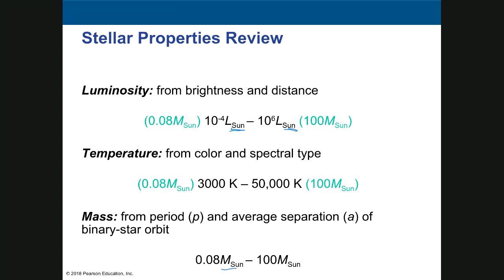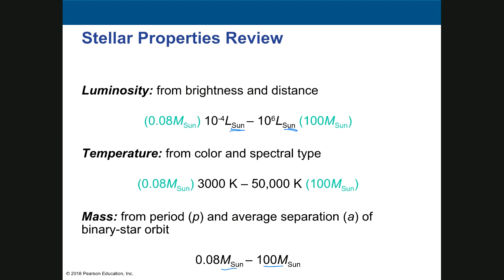Interestingly, the least luminous is about 1/10,000th the luminosity of our sun, and the most luminous is about 1,000,000 times as luminous as our sun. Temperature goes from 3,000 Kelvin, that's about half as hot as our star, to about 50,000 Kelvin. Again, the surface of the sun is about 6,000 Kelvin. And the mass goes from 0.08 solar masses to 100 solar masses.